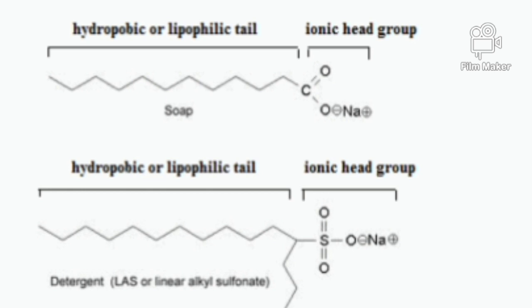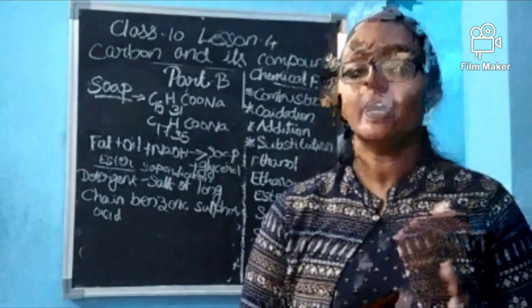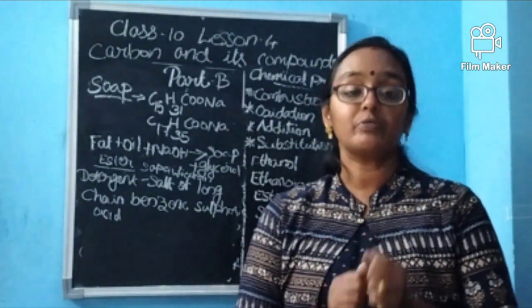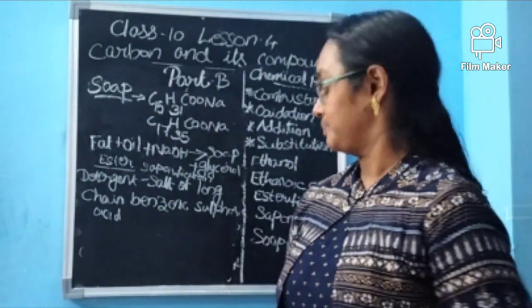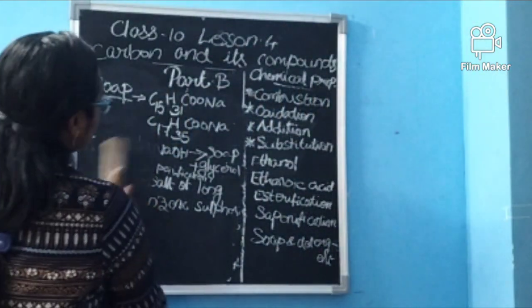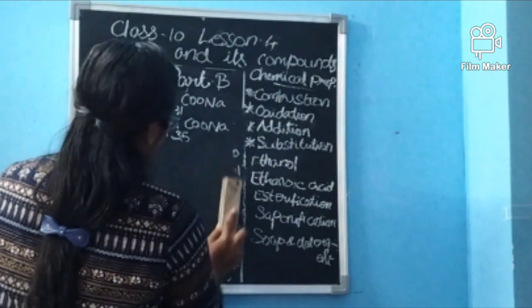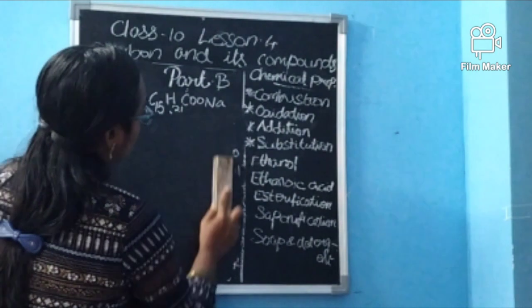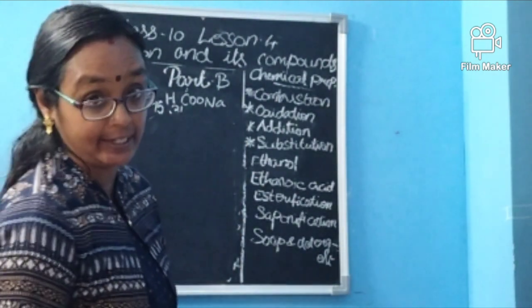Now we are giving more concentration to soaps and how we are able to remove the dirt from the cloth when we are washing with the soap. See there, as I told you, this is the long chain carboxylic acid having sodium at the end.